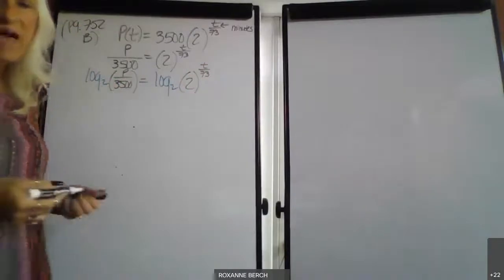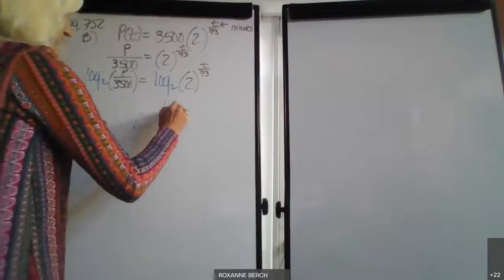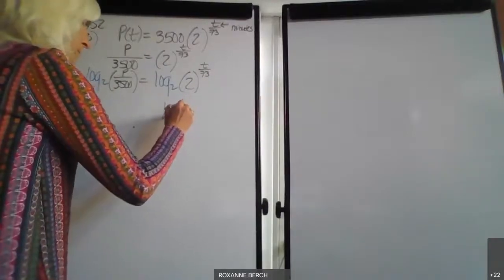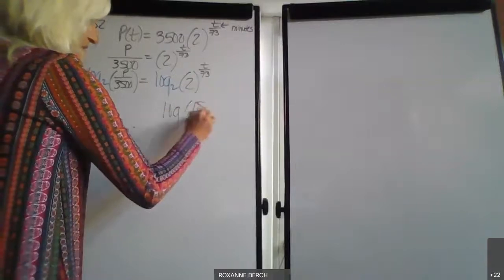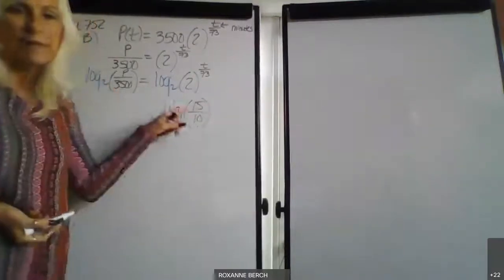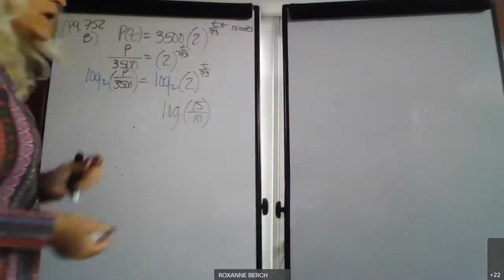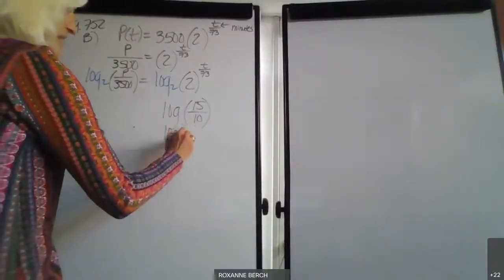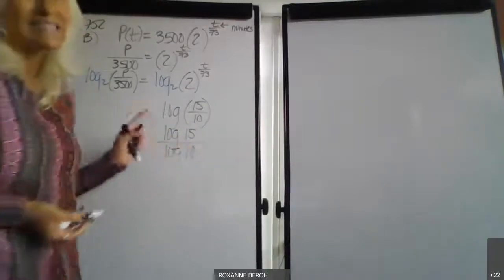Now, I think I mentioned this, but I'm just going to reiterate it to let you know. If you have something like this, you can simplify that by 5. If you have something like this, you cannot simplify it.